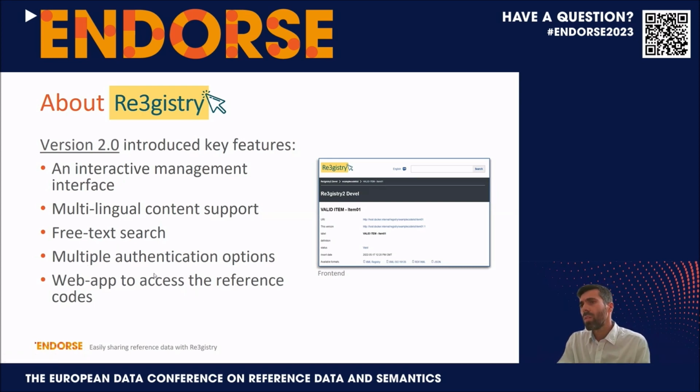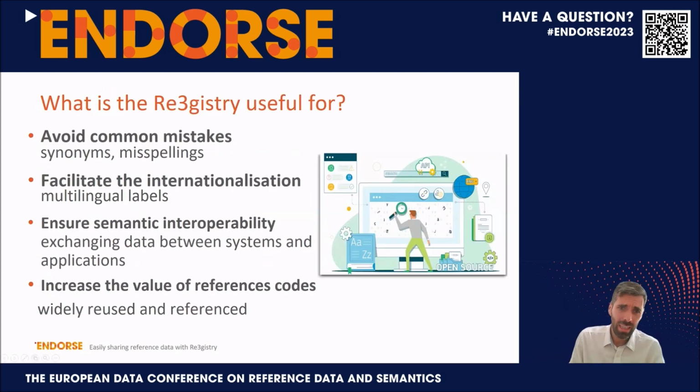Well, with some of these functionalities already described, you can all see how the registry can be useful and how it can help you in some aspects like avoiding common mistakes, misspellings, and the use of capital letters, for example. Then facilitate internationalization with the use of multilingual labels.